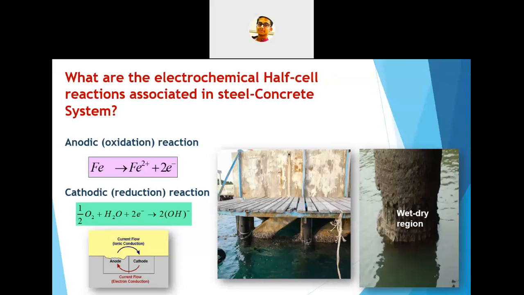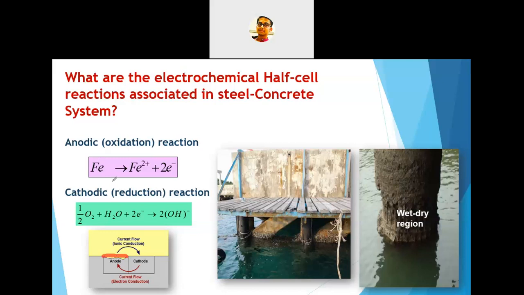So, what are the reactions that are happening in the anodic side and the cathodic side of a corrosion cell? So, in the anode, the iron is getting converted into Fe2+ and 2 electrons. As I mentioned in the earlier slide, from that part you can see there is corrosion. The metal from the anode is getting degraded and diffusing into Fe2+ and electrons.